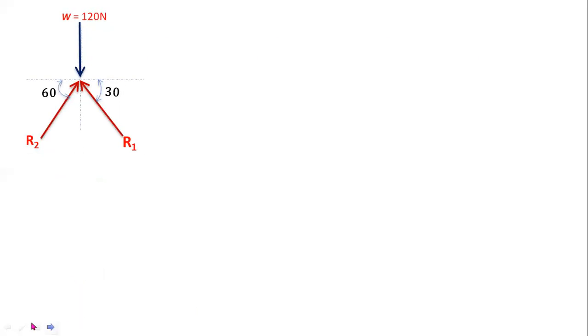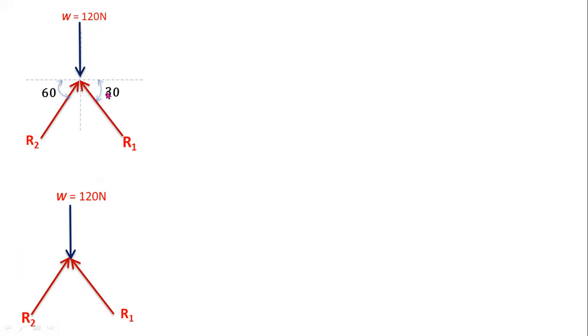From this diagram, you have to measure the angle between two forces. Now from this diagram you can observe the angle between these two forces is 90 degrees plus 30, that is equal to 120 degrees.